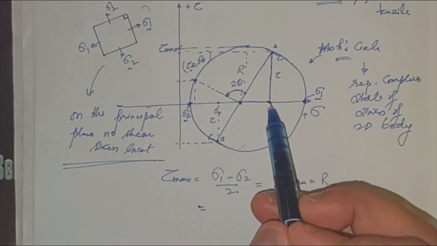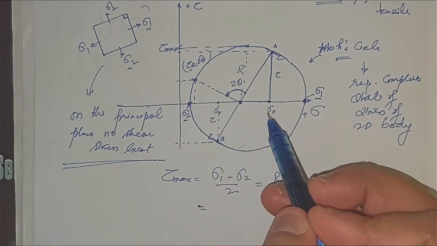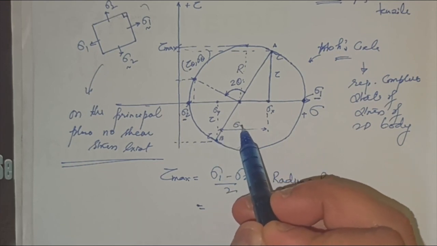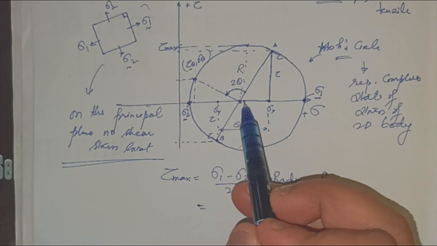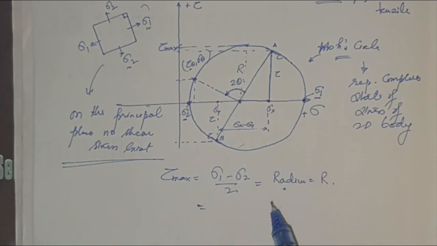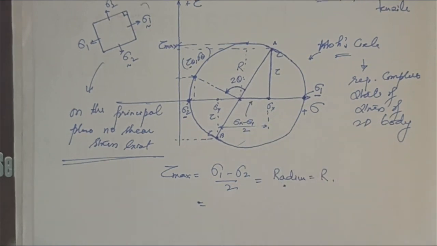Sigma x minus sigma y. Since this is equally distant, this value will be sigma x minus sigma y by 2.